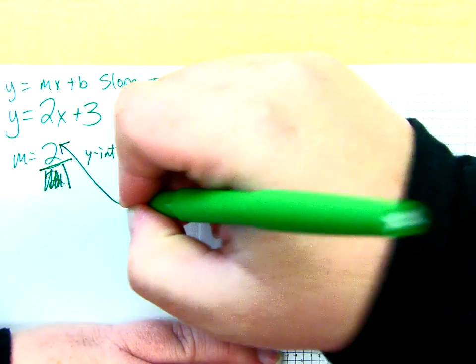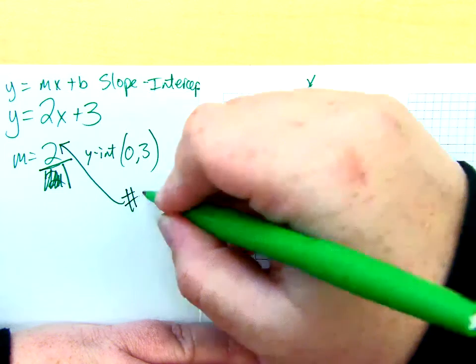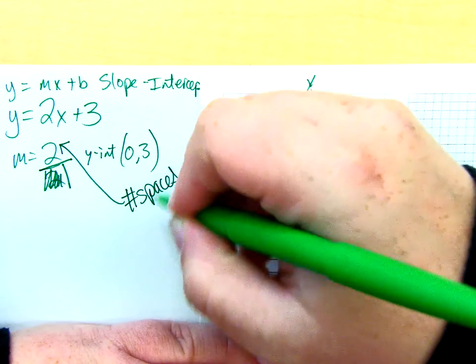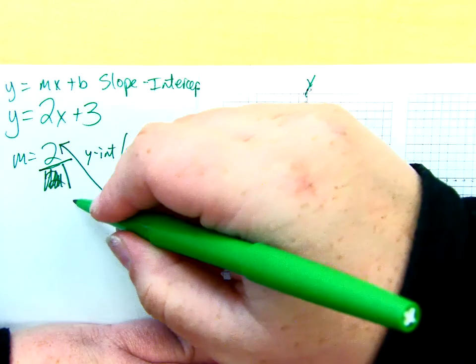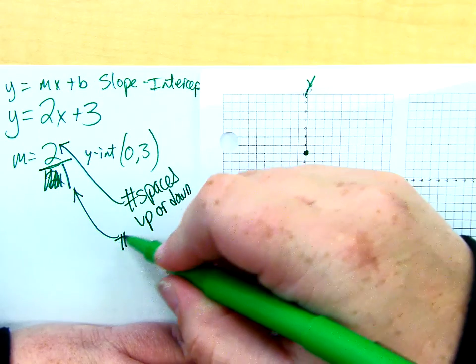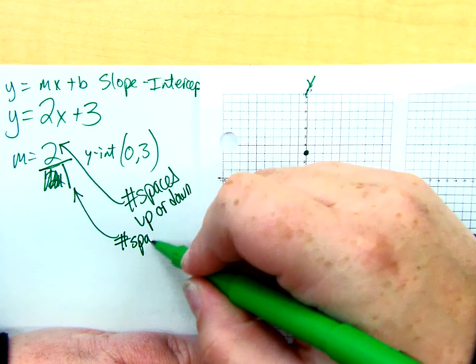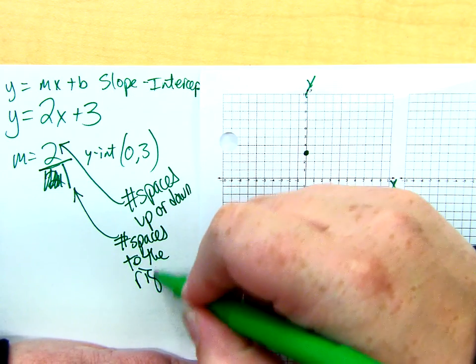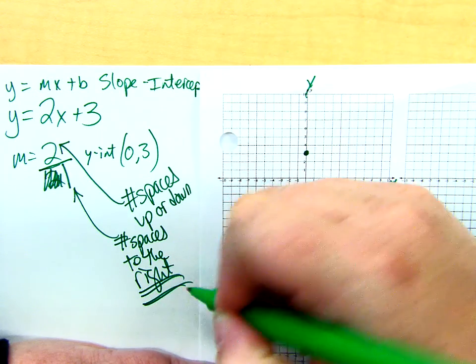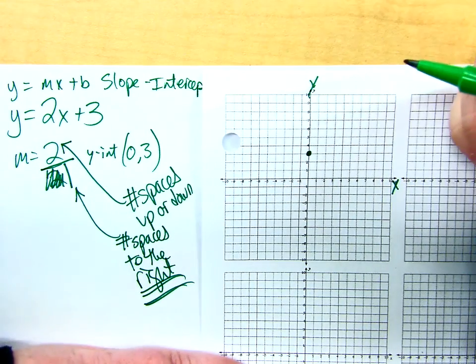So this is always number of spaces up or down, and this number on the bottom, number of spaces to the right. And that's all I have to do.